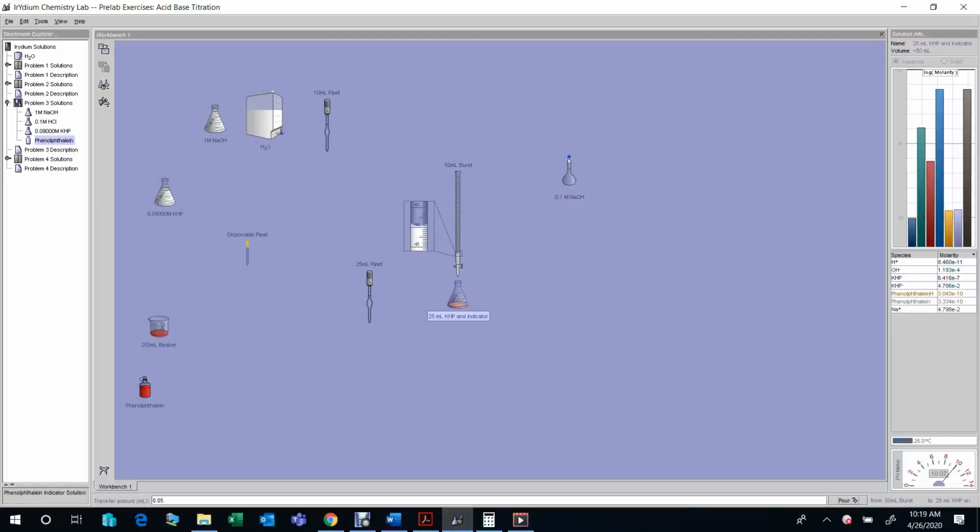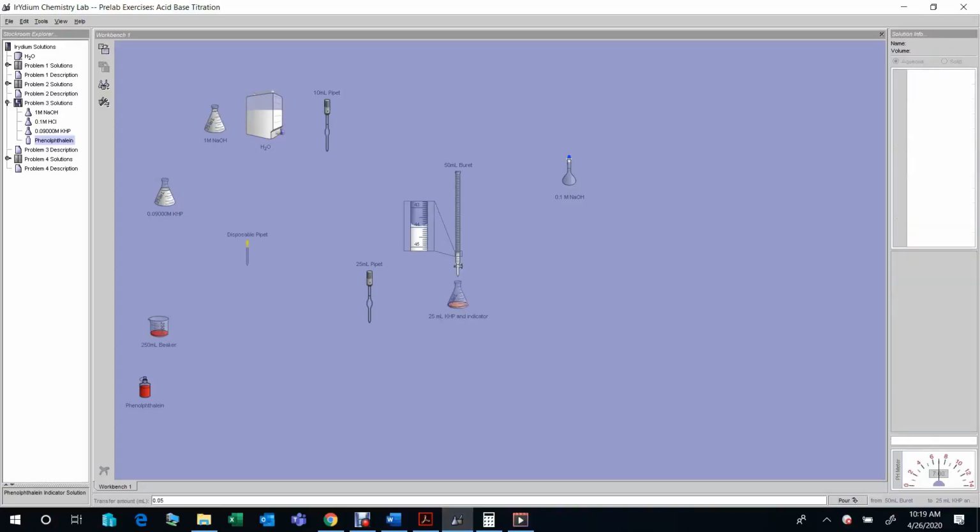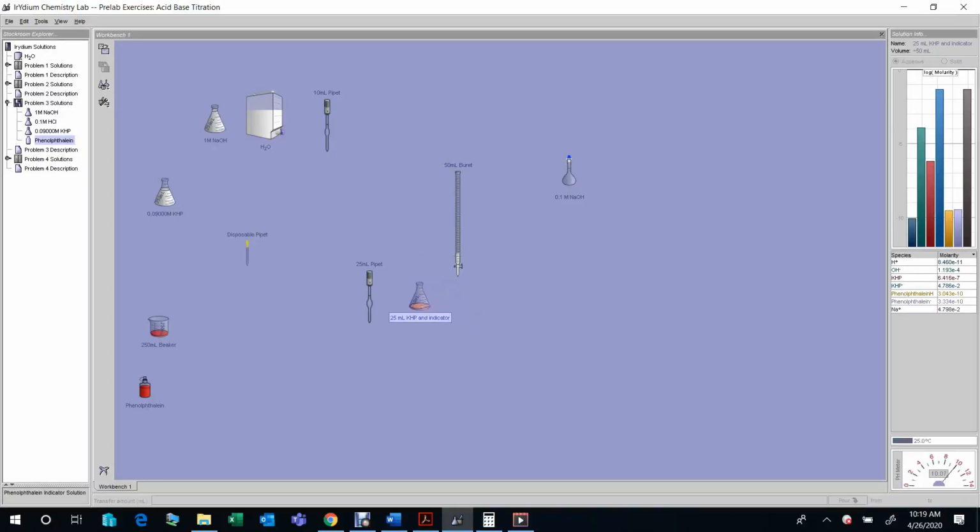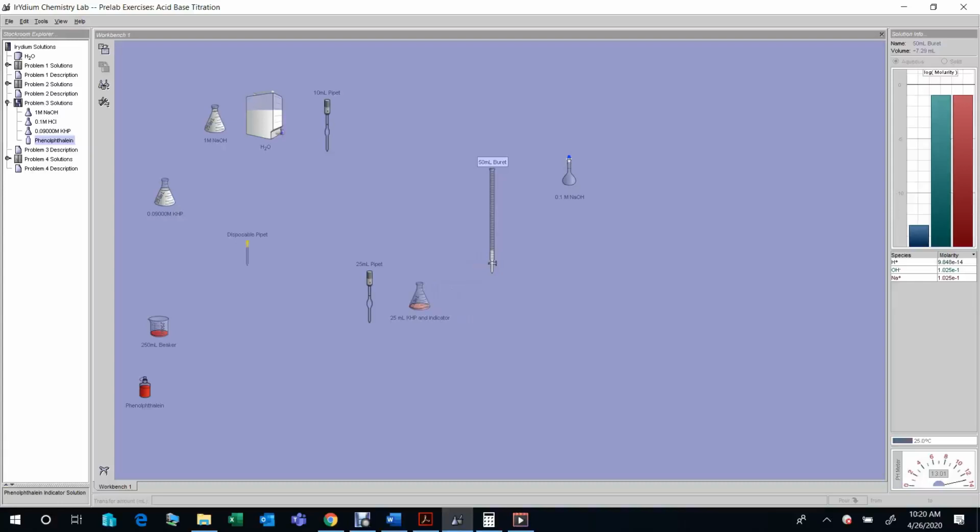Now we reach the last step. There's no need for me to finish, but there's something I need to tell you. Here we use some sodium hydroxide, right? We use it up, and there's not much sodium hydroxide left, so we need to refill it and prepare more sodium hydroxide solution.